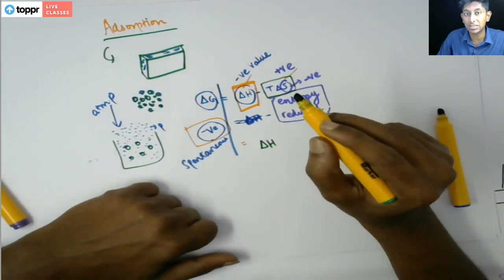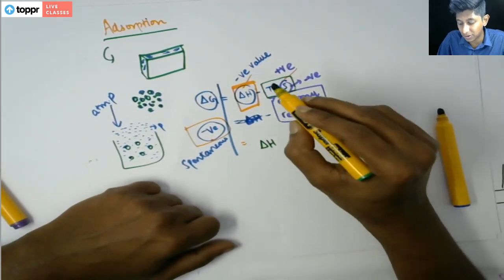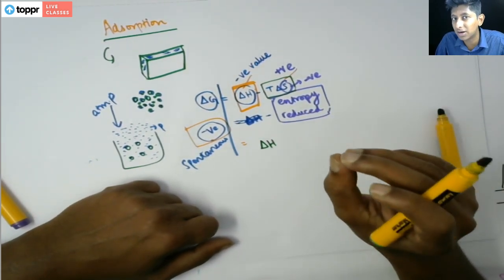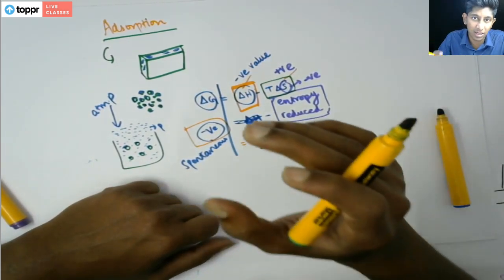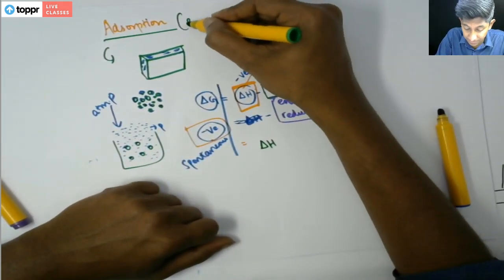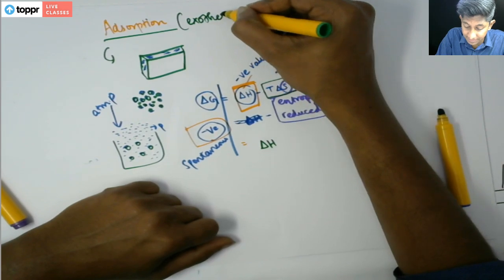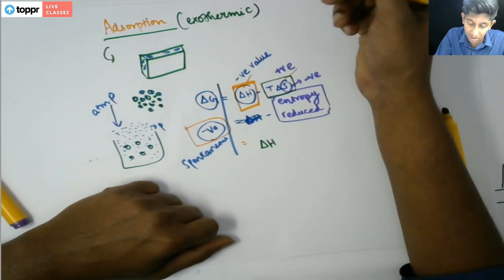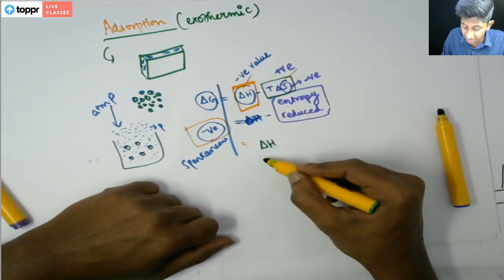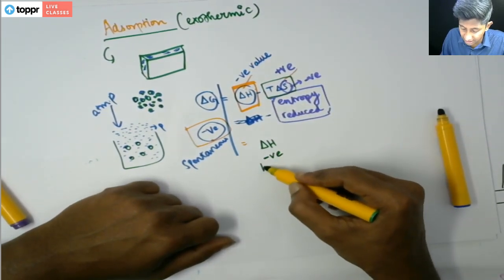In all adsorption processes, the process is exothermic. When the molecules of gas or liquid get attuned to another, different medium, the whole process is exothermic. It releases heat. Because of this, delta H is negative, and it's high in value.